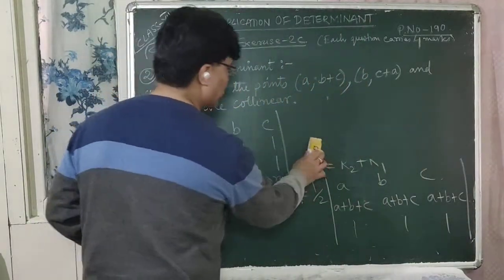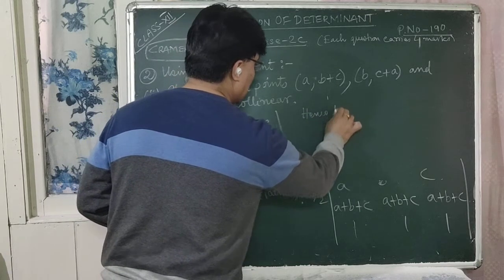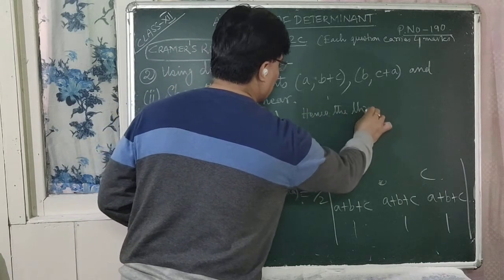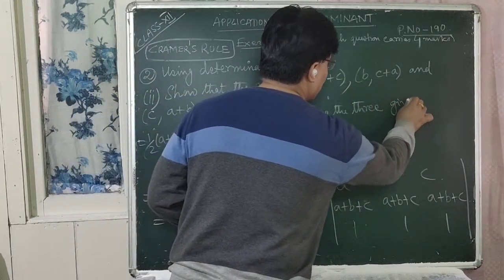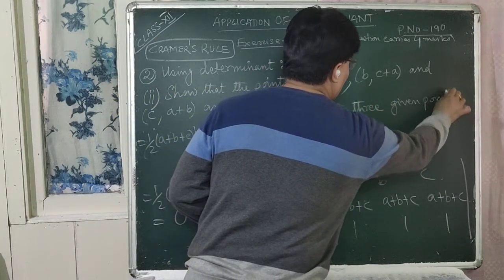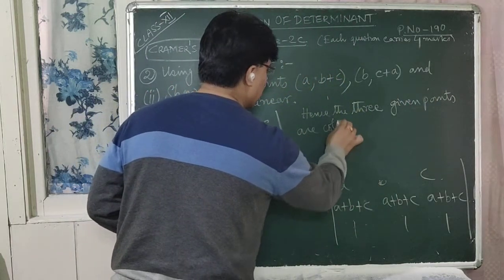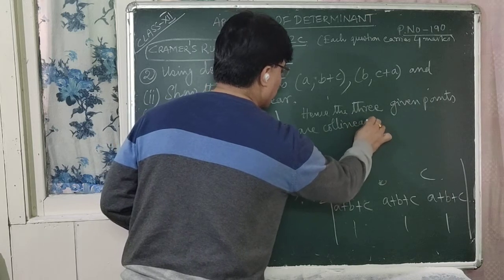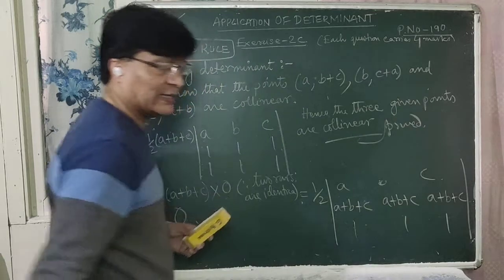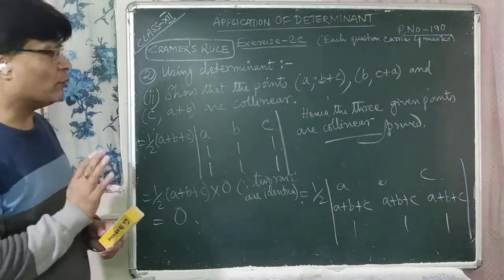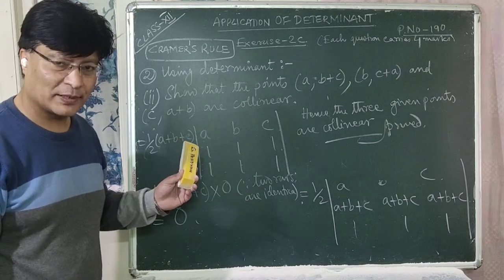So write down, hence the 3 given points are collinear. Collinear means lying on the same straight line. The 3 given points are collinear means they lie along the same straight line.